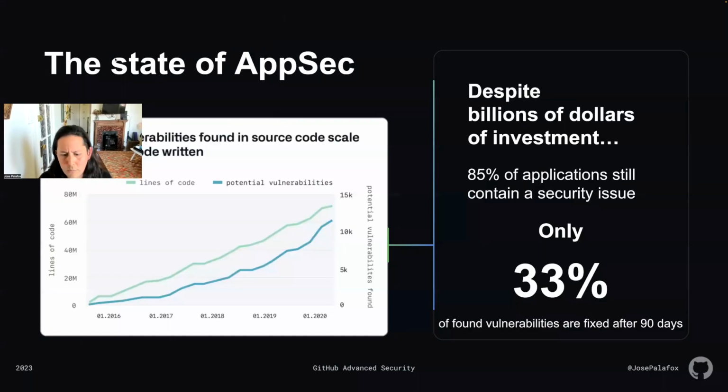When we look at all of the code that's hosted on GitHub, the majority of applications have at least one security vulnerability present in it. And only 33% of security vulnerabilities that are identified by the community are actually fixed within 90 days. So there's not very much response to security vulnerabilities.